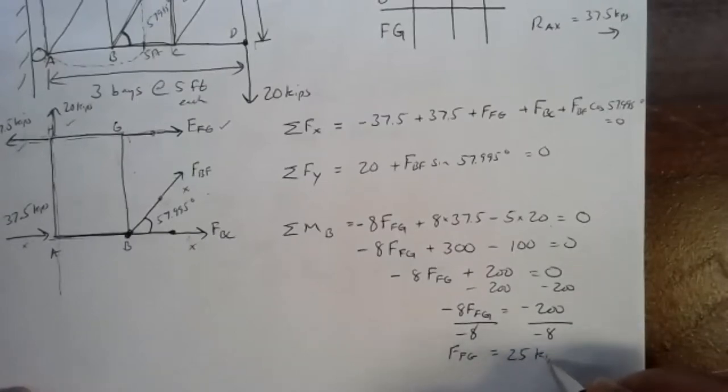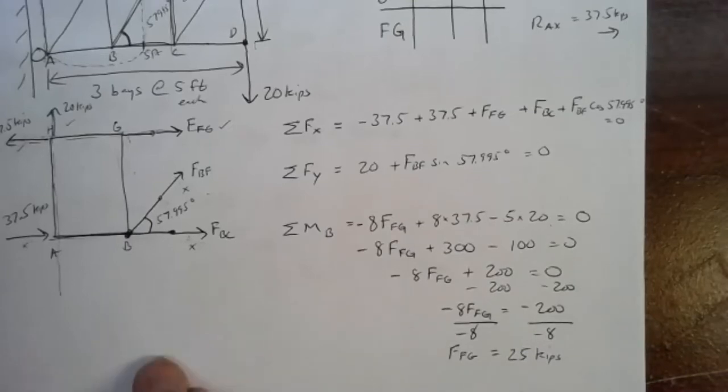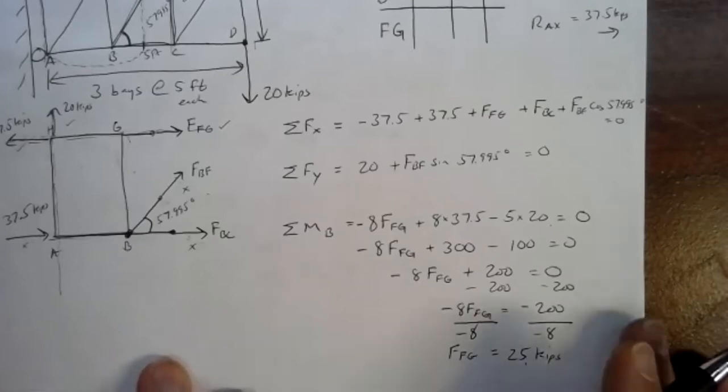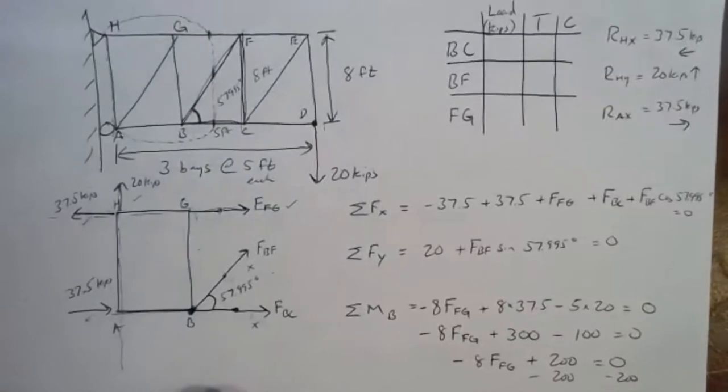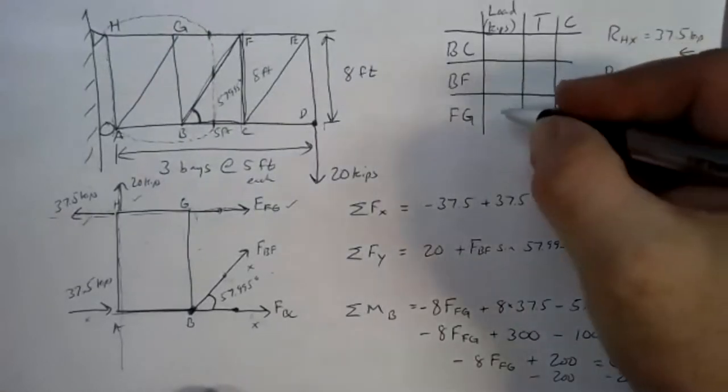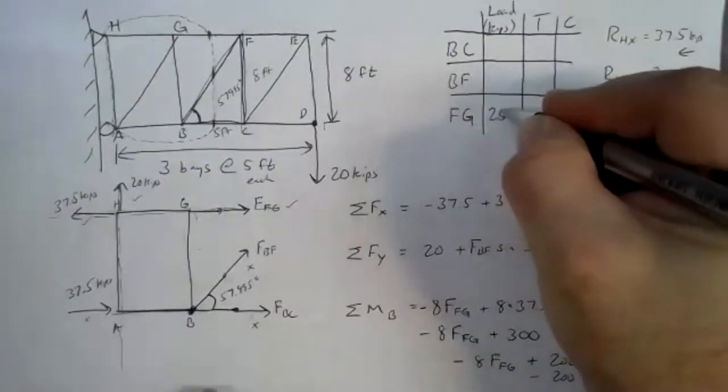And the units are kips. And it came out positive. So we have positive 25 kips. Positive means our assumed direction was correct. So we can go up to our table here and fill in 25 kips.